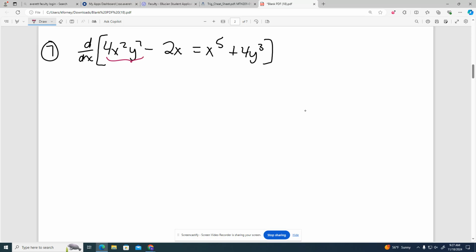So if we start with the 4x squared y to the 7th, I don't know if you would want to do the derivative to the side first, or if you want to do it all within. But if you remember from the product rule, what would the derivative of the 4x squared become?